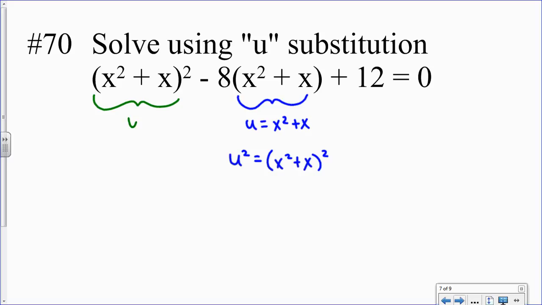This will be u squared. So now rewrite it with the u's. So I have u squared minus 8u plus 12 equals 0.